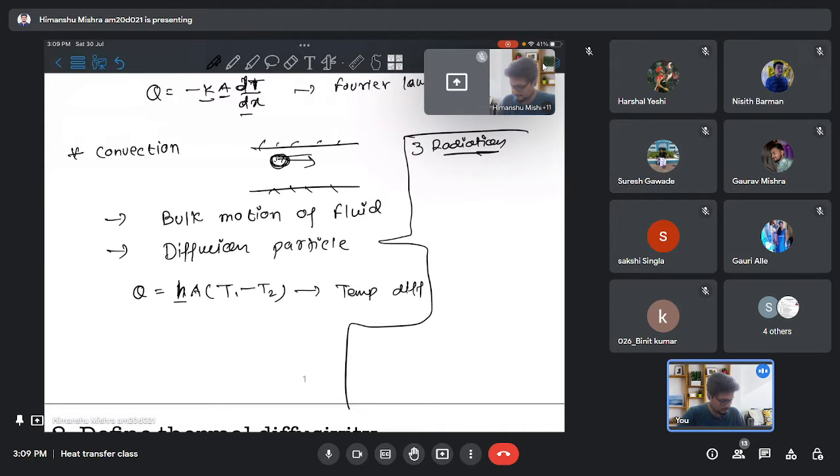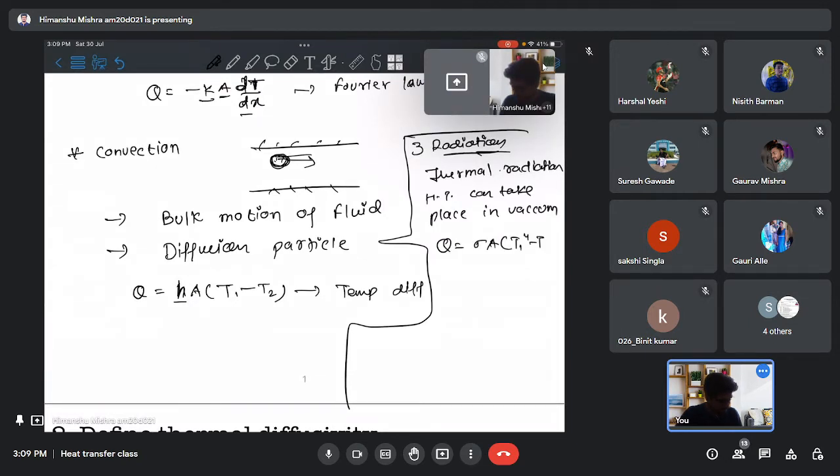In the case of radiation, this heat transfer can take place in vacuum, and it is governed by the Stefan-Boltzmann law, which is given by Q = εσAT⁴, where sigma is my Stefan-Boltzmann constant.